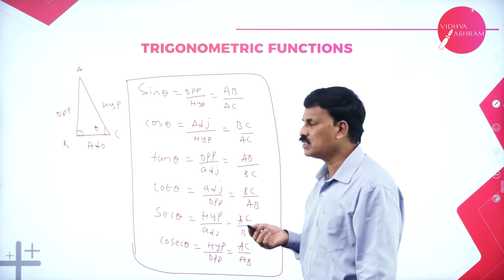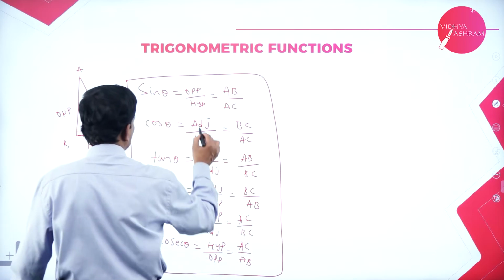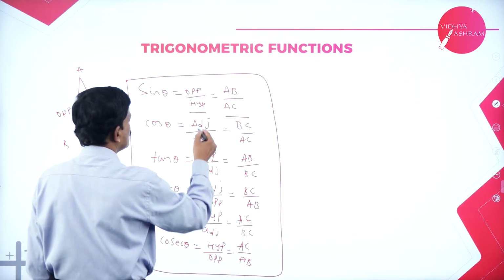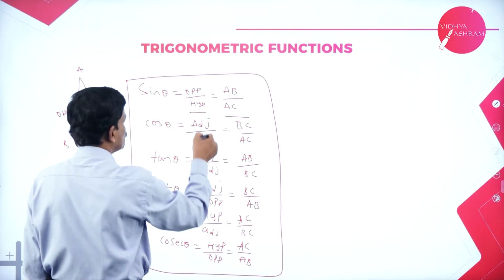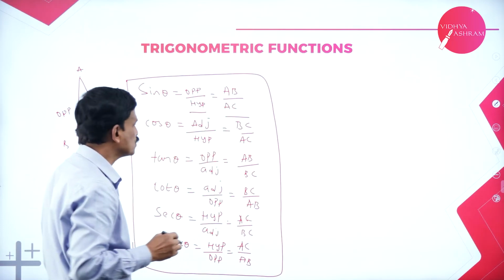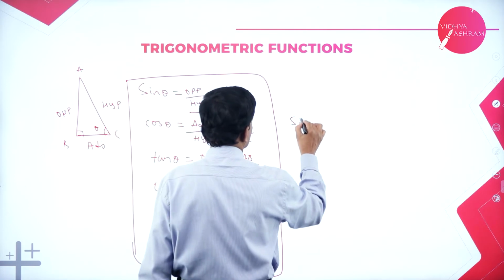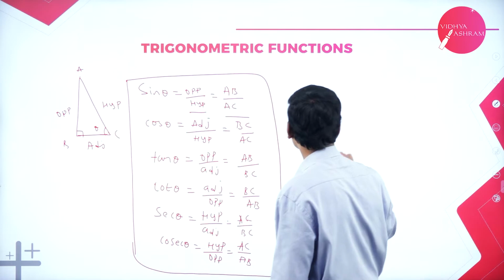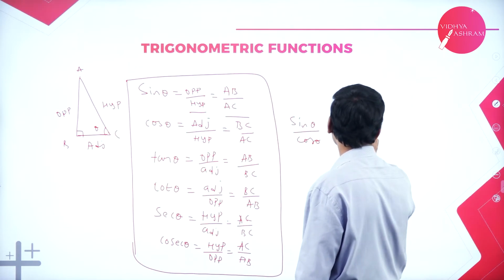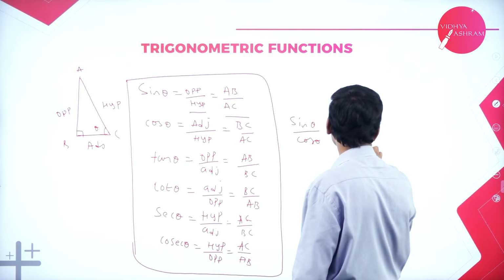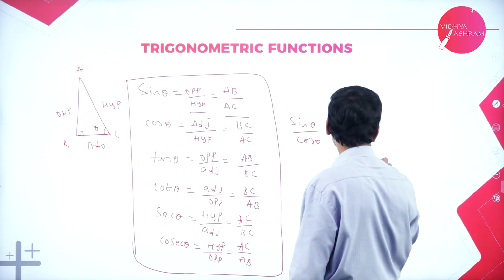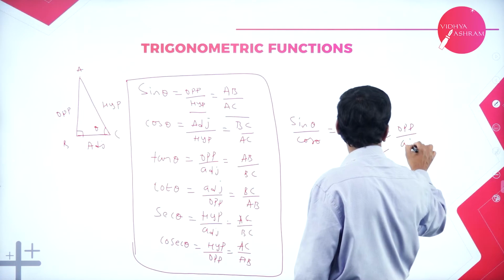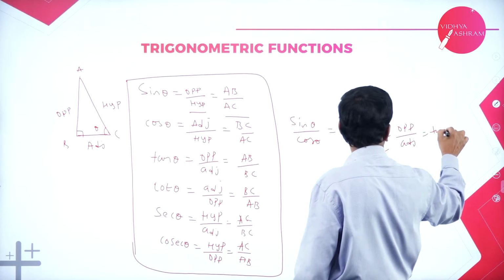Now for tan theta, if you divide sine theta by cos theta, what is sine theta? Opposite by hypotenuse, and cos theta is equal to adjacent by hypotenuse. The hypotenuse gets cancelled. You will get opposite by adjacent. This is called tan theta.